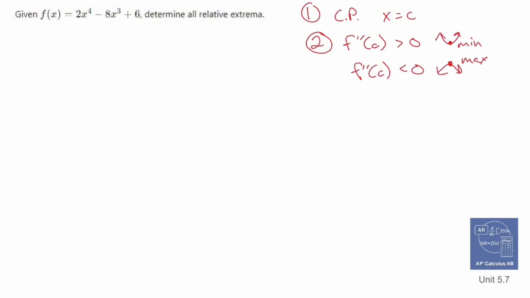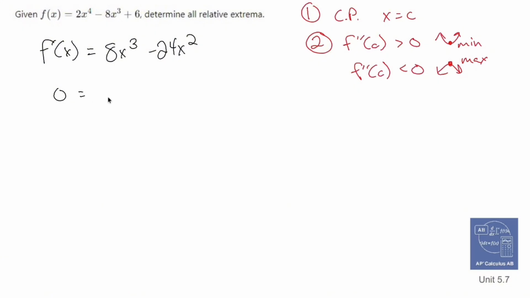So what we have to do is find the first derivative first. f prime of x equals, actually it's going to be 8x to the third minus 24x squared plus nothing.